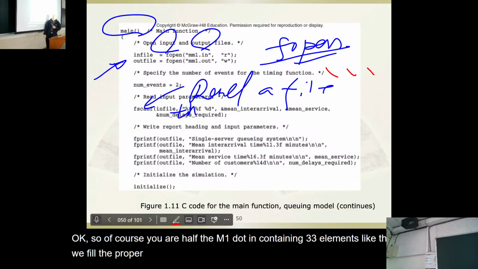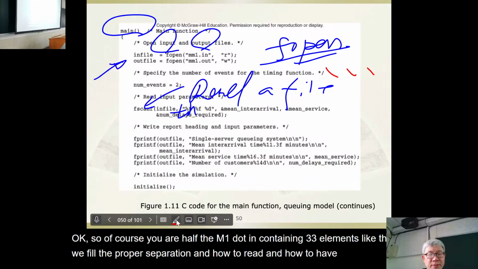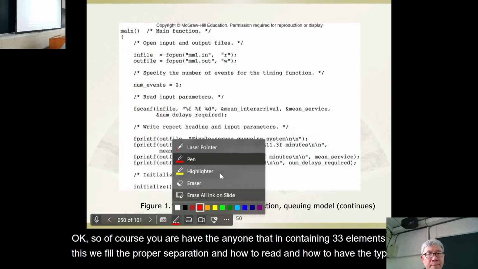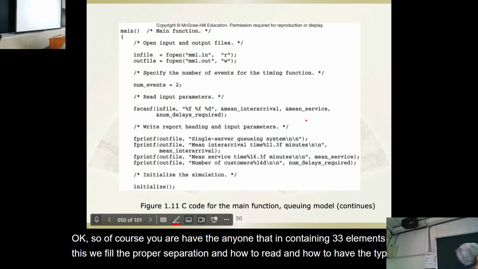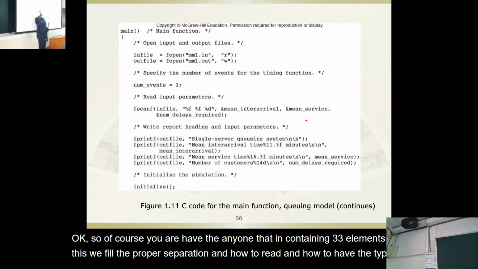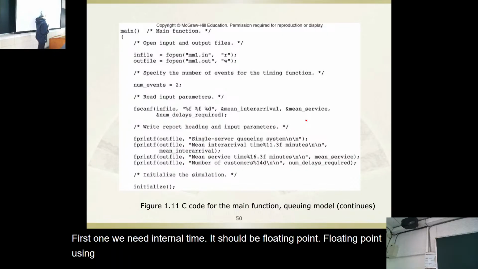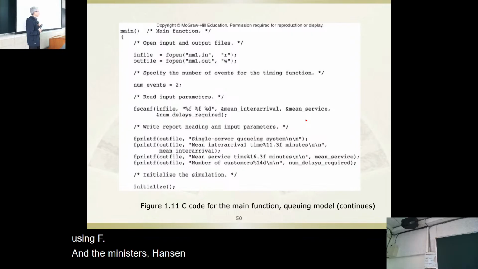And how to read and how to have the type. First one, mean interarrival time. It should be floating point. Floating point using f. And the mean service time same. Floating point, for example, 1.1. Same floating point.